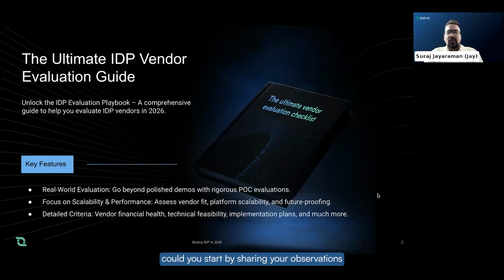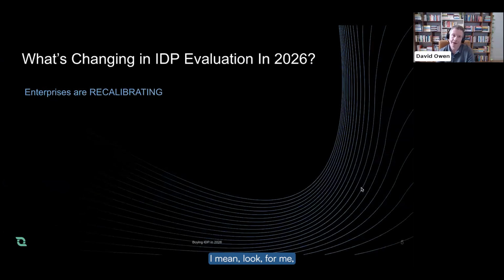So, David, could you start by sharing your observations on what has really changed in the IDP evaluation landscape? Yeah, sure. Look, for me, the thing that's really changed is that the way you as a business need to evaluate the solution needs to evolve and change. Some of the key reasons behind that: the market is noisier than ever.